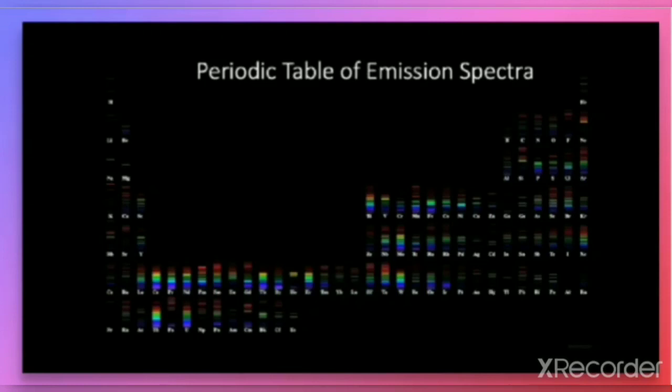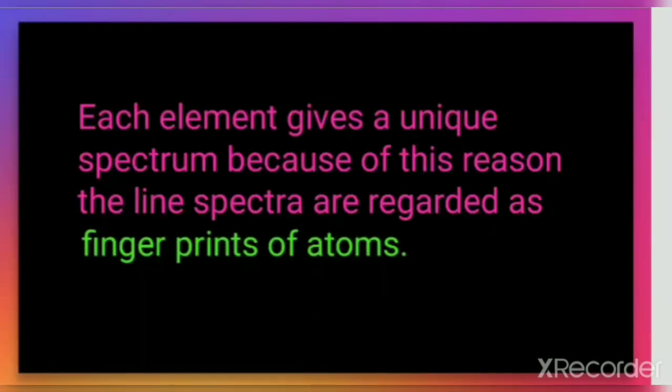When we observe closely, each and every spectrum is unique. The spectrum of one element does not show similarity to the spectrum of another element, because the lines are of different frequencies which do not match with the other. So we can say that each element gives a unique spectrum.